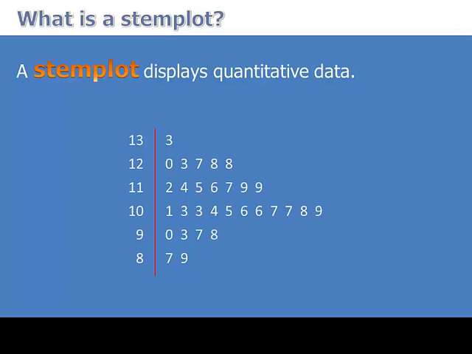For example, consider the leaf shown in red. This leaf is associated with a stem of 10. A stem of 10 represents 10 tens, or 100. So this red leaf represents an IQ score of 100 plus 9, or 109.